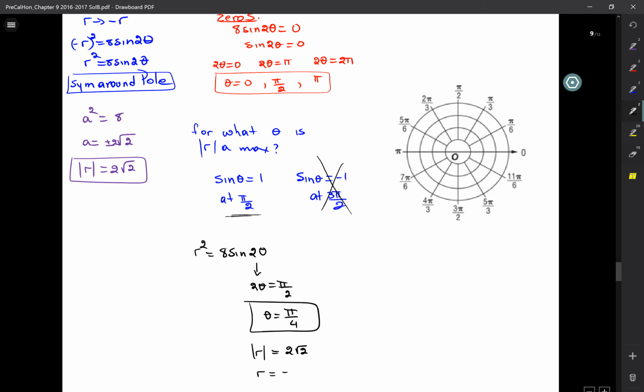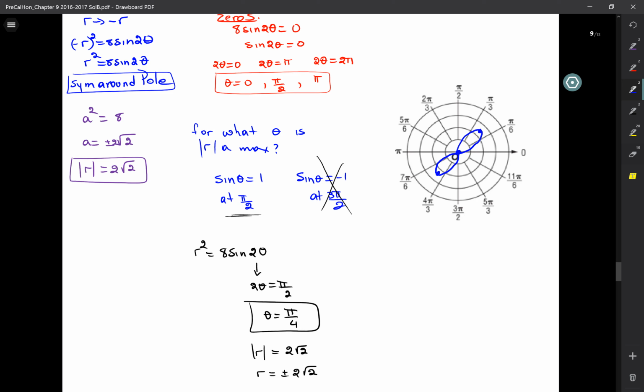That means R is plus or minus 2 root 2. Remember, this equation is R squared. There are two values of it. So at pi over 4, which is here, it's 2 root 2 somewhere here, and negative 2 root 2 here. And we said it's 0 at 0. So that's what it looks like.